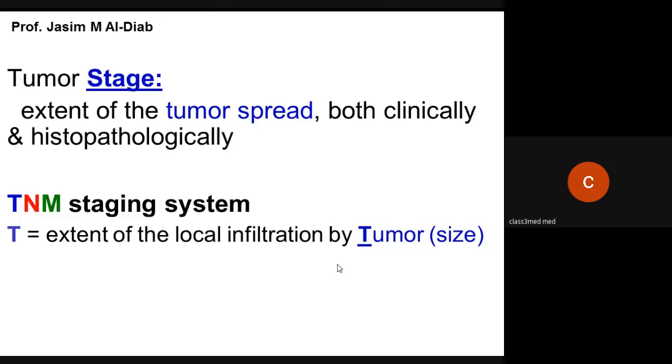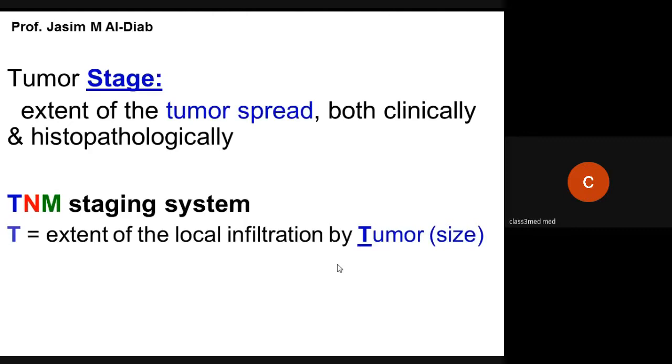So it is related to the size of the tumor. The more infiltration, the more the tumor increases in size. So in some tumors, we use the size of the tumor to determine the T parameter. For example, in breast carcinoma, we use the size of the tumor.